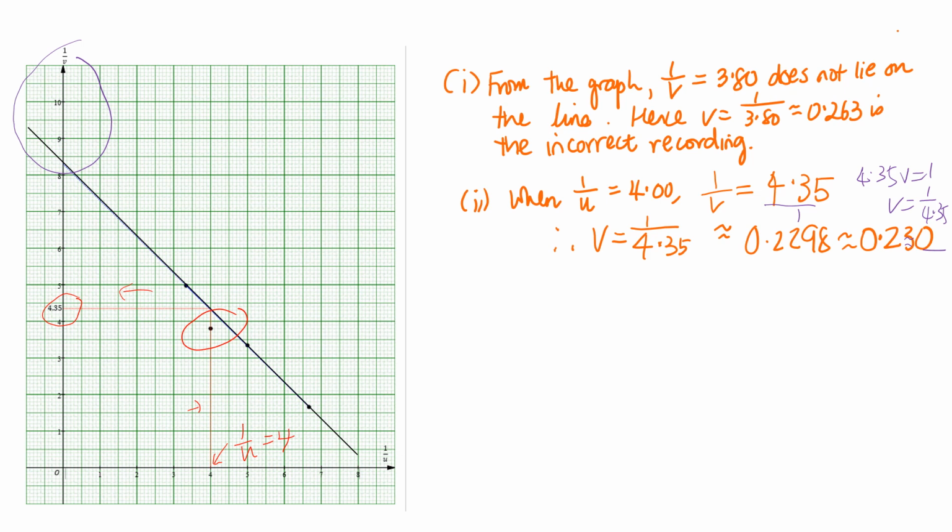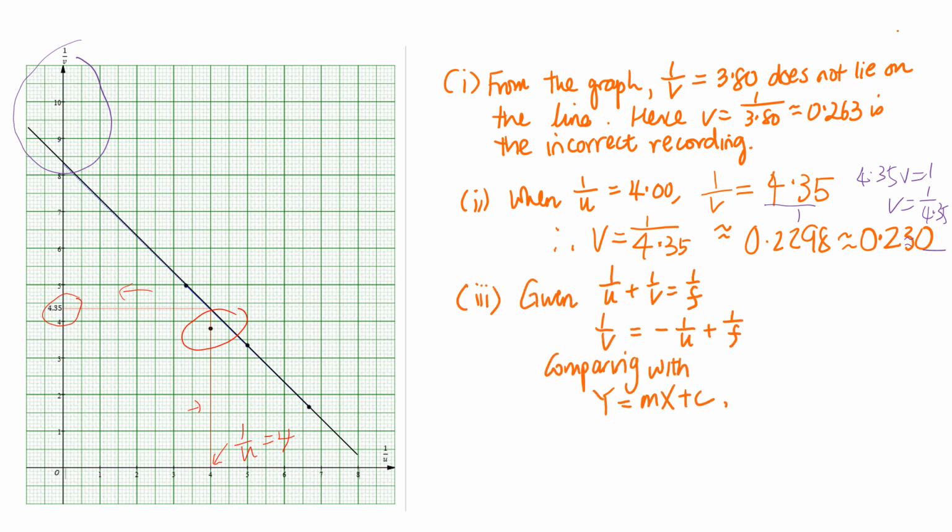So that's part 2. Then for part 3, this is what I've done earlier already, rewriting it in the form uppercase Y equals m uppercase X plus c. Your gradient is -1, and your c will represent 1 over f. It's actually your y-intercept value. That's why I mentioned that the straight line must pass through your vertical axis.